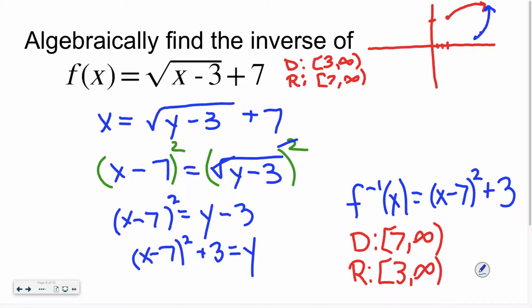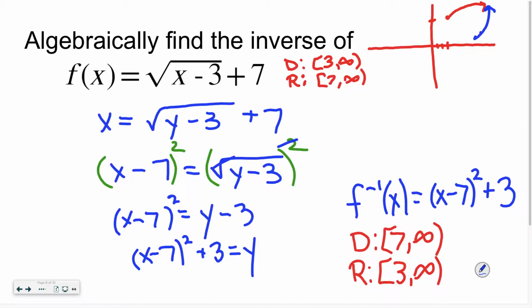So anytime you have a square root, you're starting out with limited domain and range, which means your quadratic, when you get to the inverse, is also going to be limited for both domain and range. Which is why I would encourage you to identify the domain and range of the original, so then you don't have to think about it at the end.